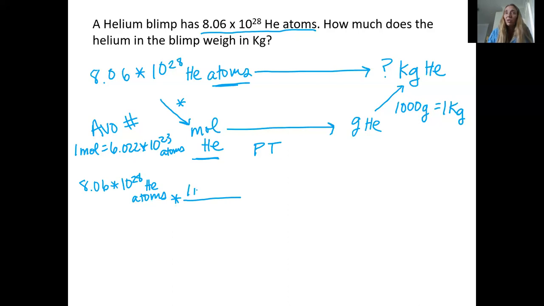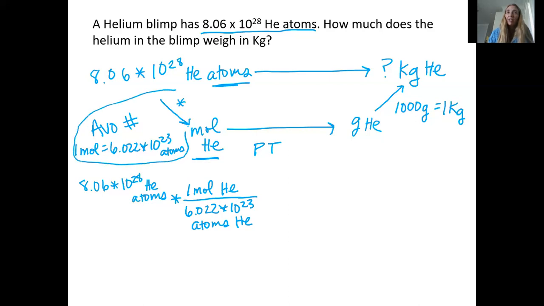So my moles go on the top, 1 mole, and the moles I'm talking about are helium. And Avogadro's number goes on the bottom here, 6.022 times 10 to the 23 atoms of helium. Okay, so that first arrow, that whole thing right there, becomes this dimension right there.